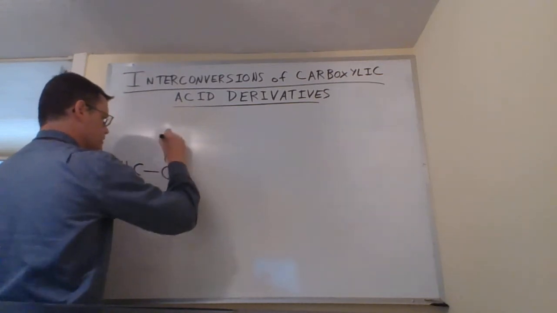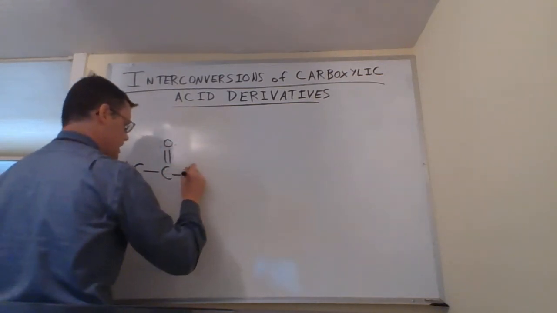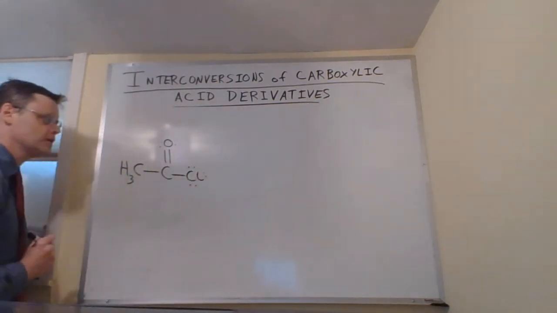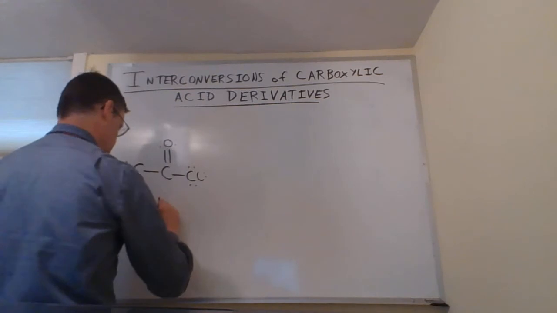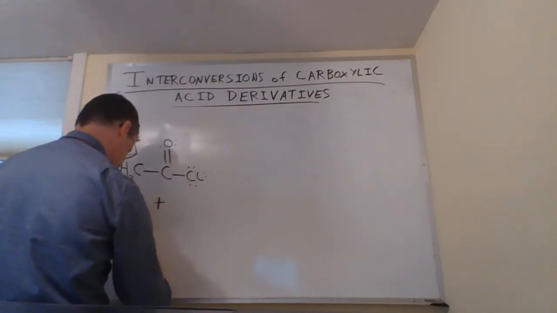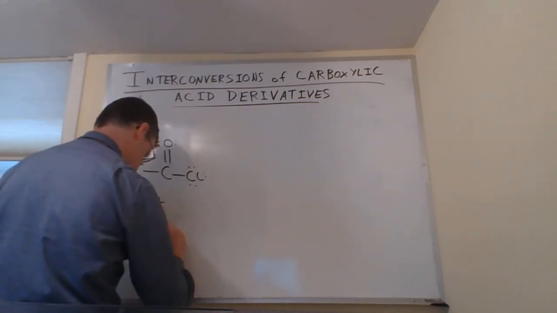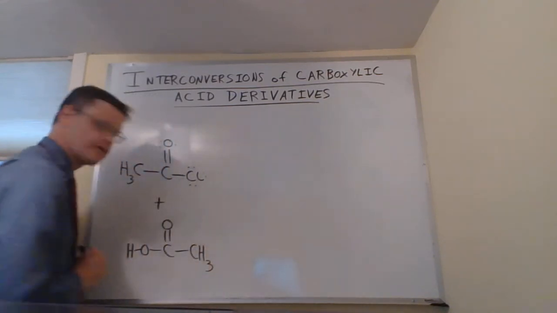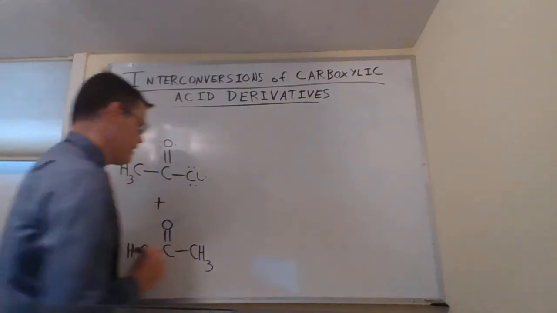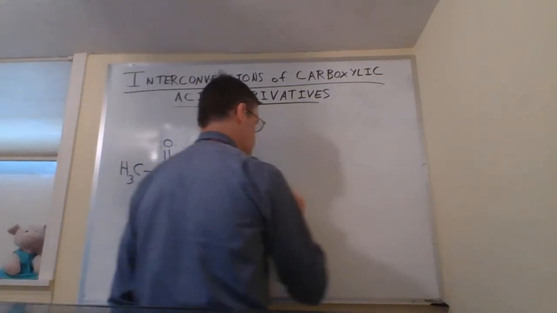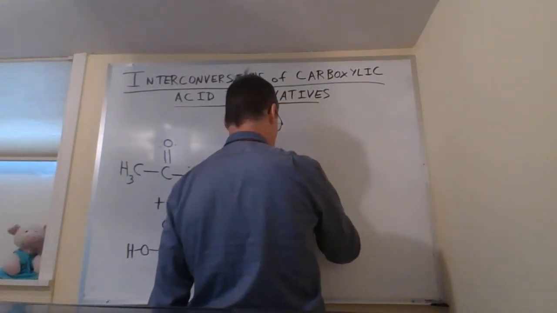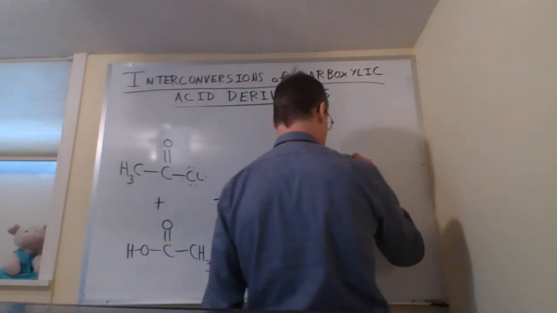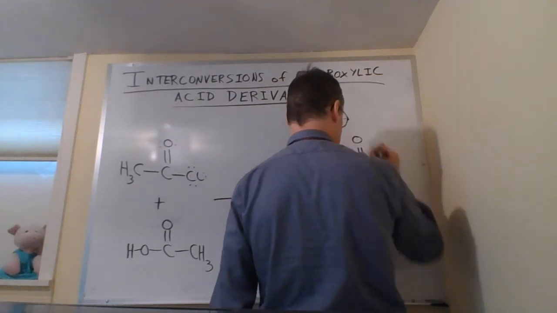And I'm going to start with our simplest acid chloride here, so acetyl chloride. Okay, and we're going to react that with acetic acid, shown there, and this is going to form our anhydride, which looks like this.